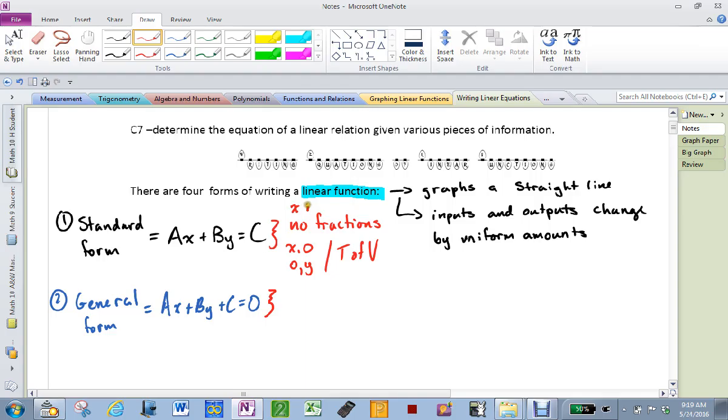X is positive. What are the rules in general form? X is positive. That stays the same. No fractions. That stays the same. And everything equals 0.